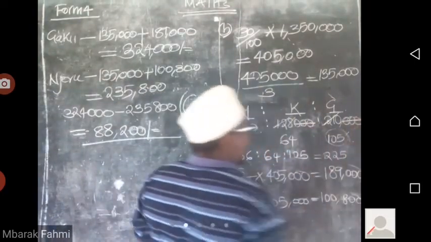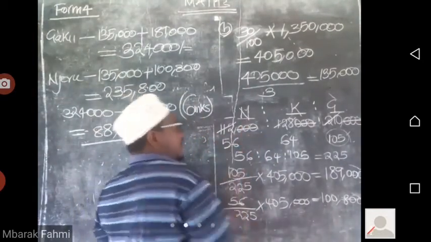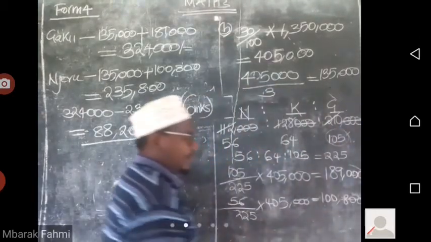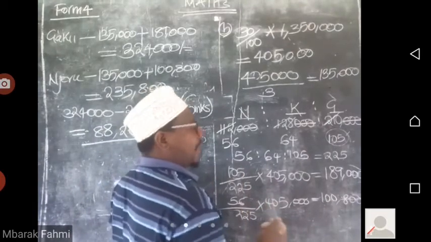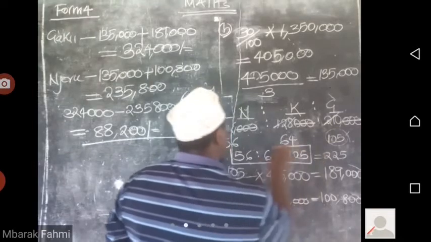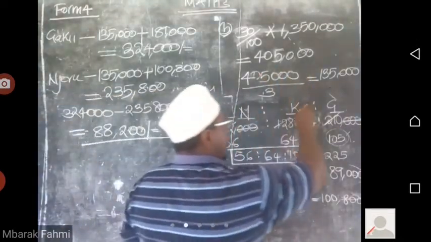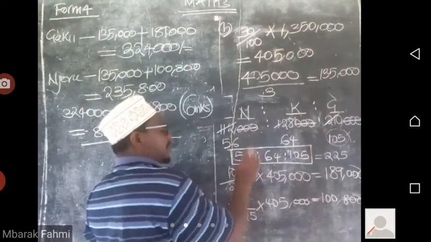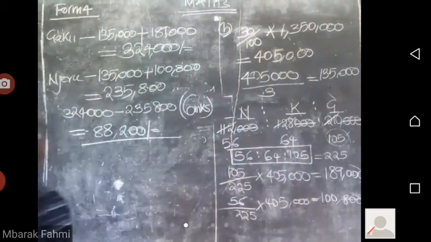And then you simplify by 2: 56, 64, 105. If it cannot be simplified any further, then that becomes the ratio of their contribution. The ratio of Jero to Karim to Gaki's contribution is 56 is to 64 is to 105.